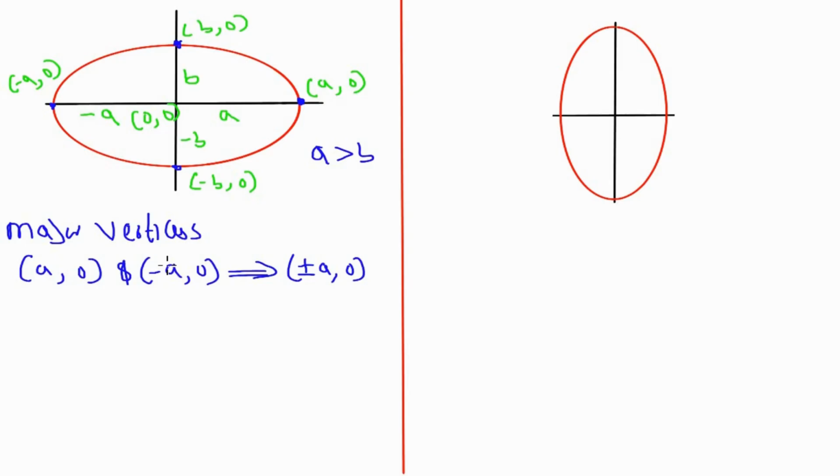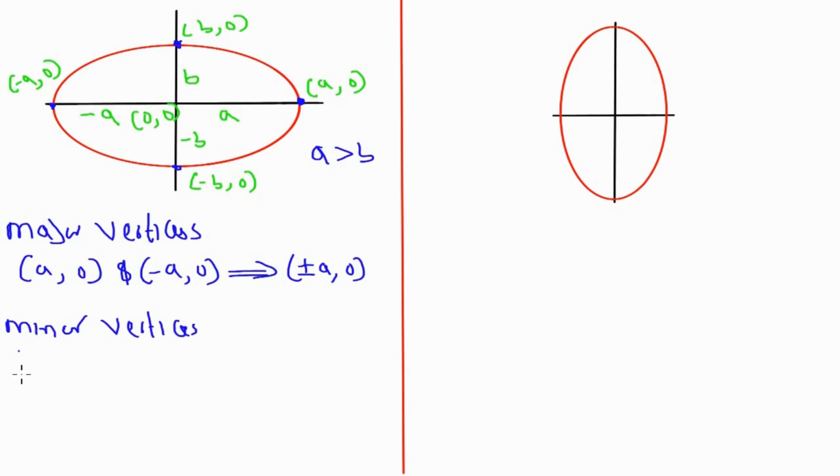By the time we consider some example problems, you would be able to realize how we'll be applying this knowledge to these problems. Now, what about the coordinates of the minor vertices? For the minor vertices, this is related to the value of b, that is considered as the vertical part.